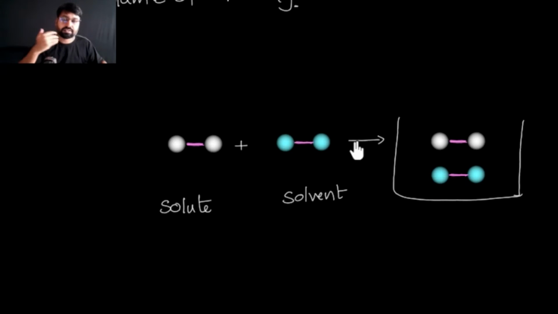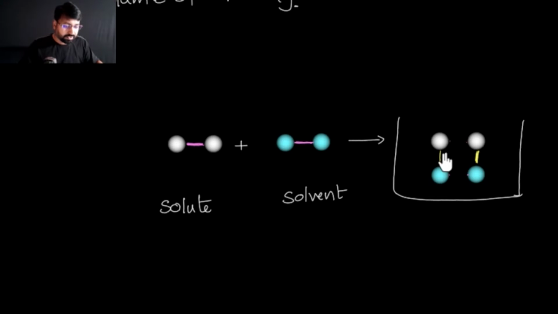Now when solute and solvent start interacting, the force of attraction between the solutes and between the solvents is removed. Instead, a new interaction is formed between the solute and solvent.